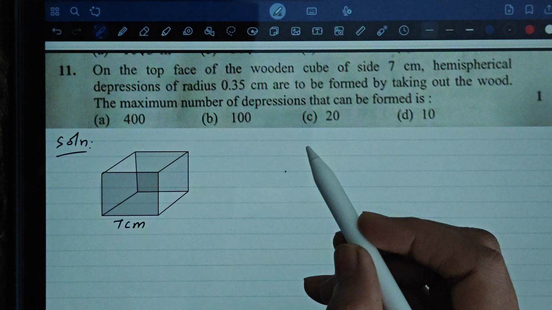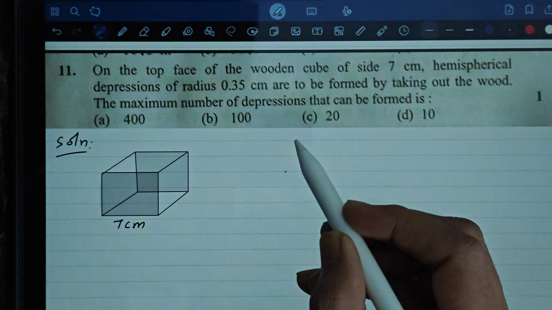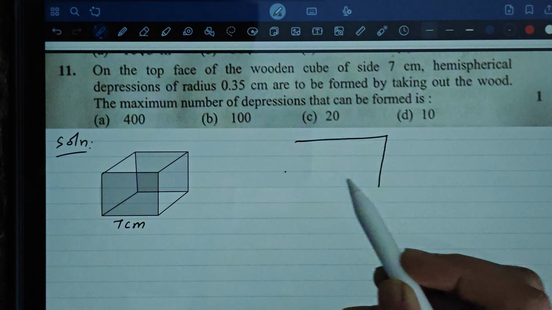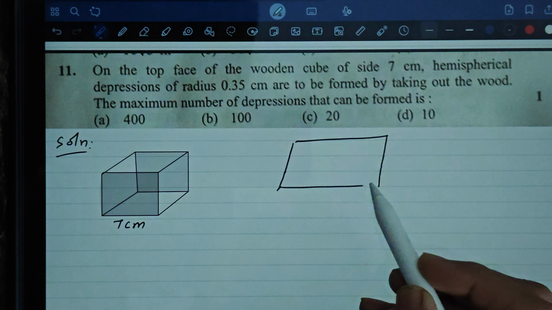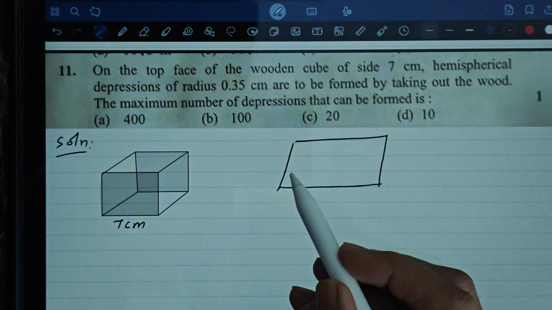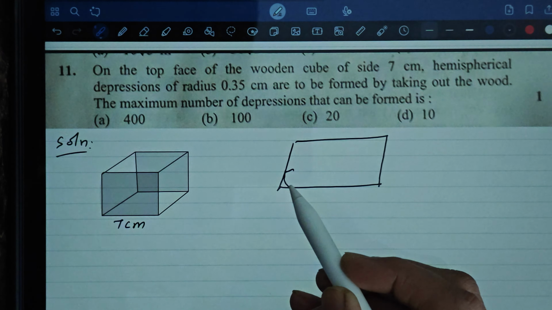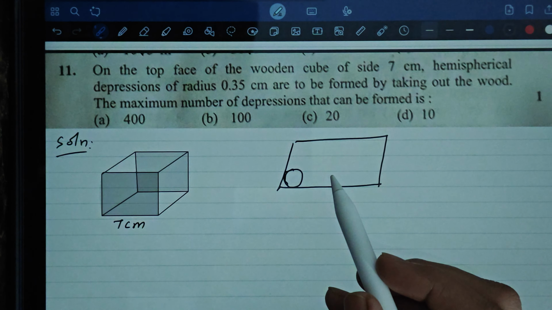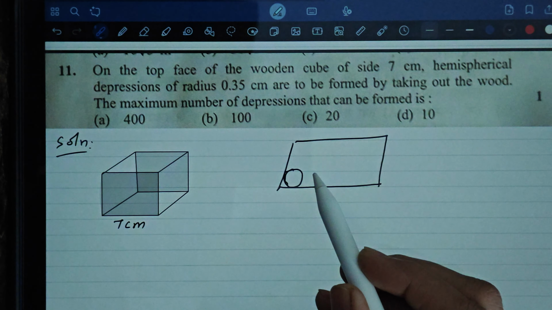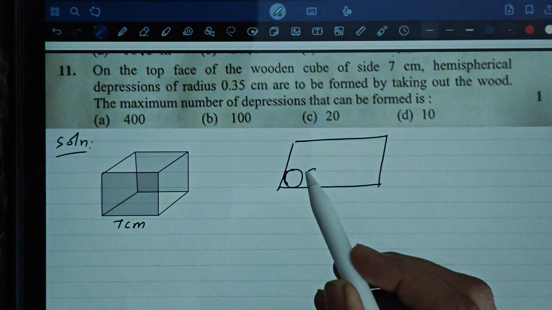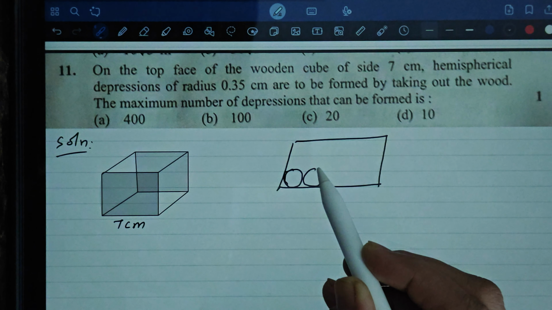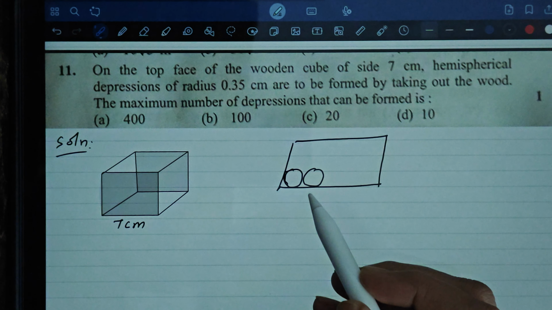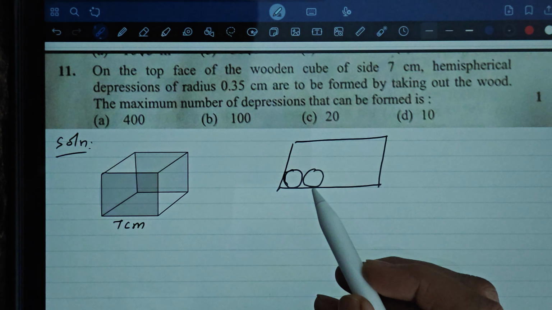Means you can imagine like this. This is your top surface, okay, and from here you have to take out the hemispherical shape or depression out of that, like this, okay. You have to take out. Now how many possibilities are there for this?